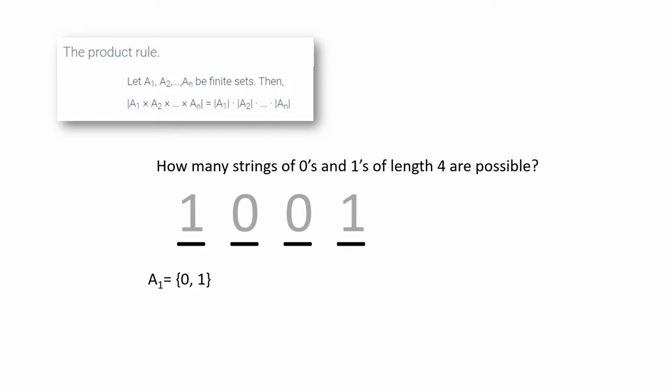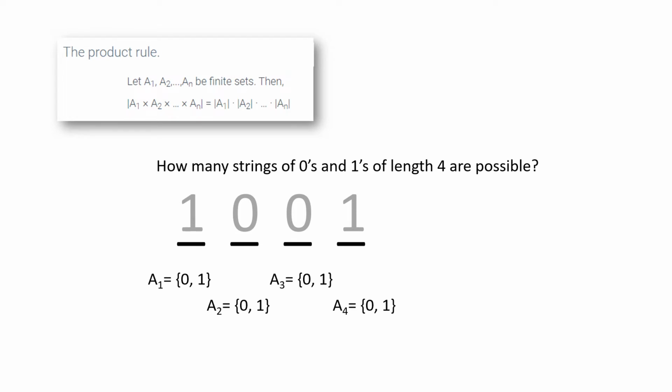So we could say that A sub 1 is a set that has only 2 elements, 0 and 1. Then A sub 2 looks the same. It has 2 elements, 0 and 1. Same thing with A sub 3 and A sub 4.